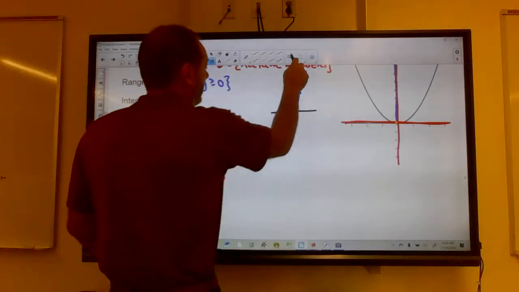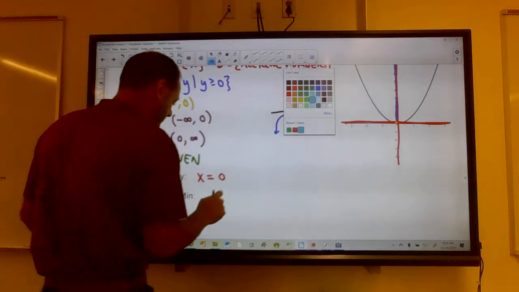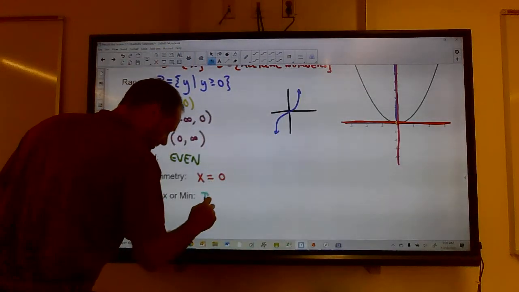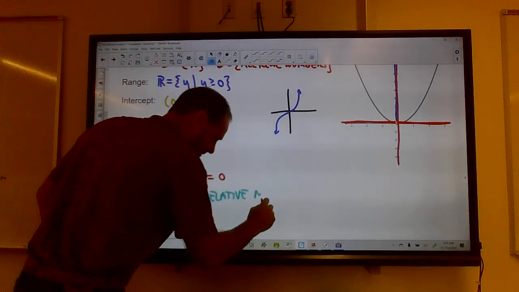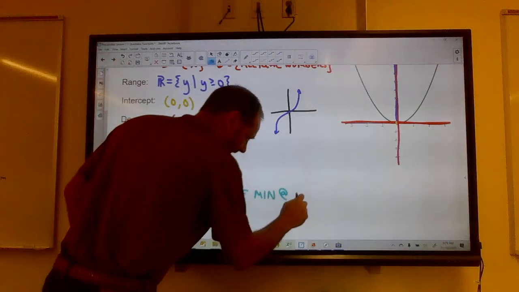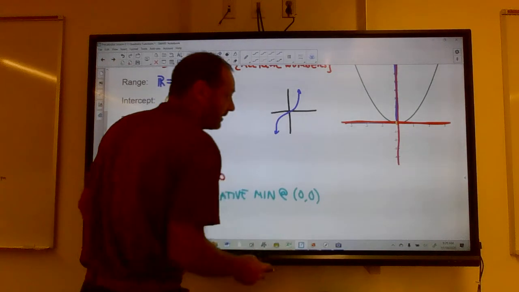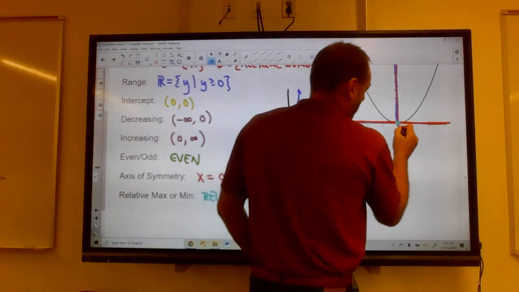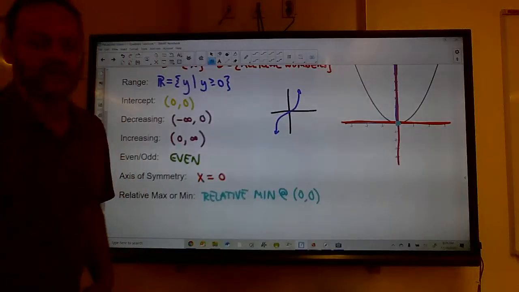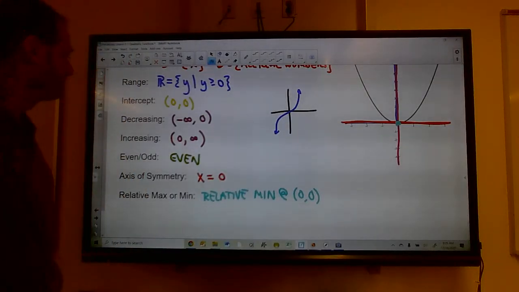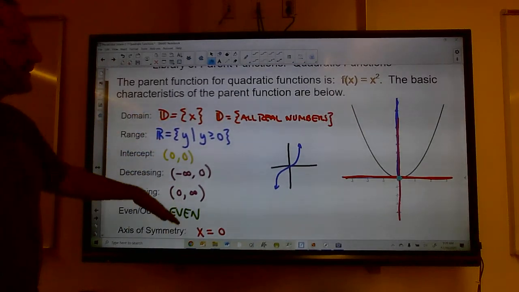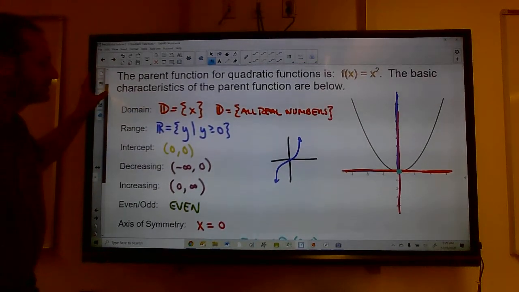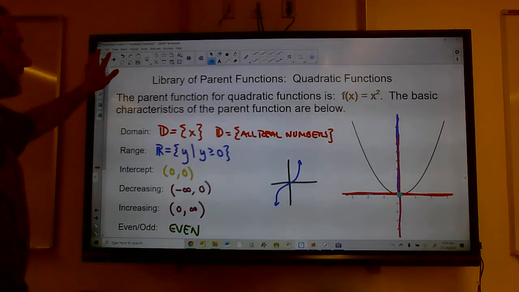This thing has a relative minimum at the point 0, 0. That's right there. That's as low as this thing gets. It doesn't go any further than that. So we'll have several functions that we'll look at where we'll do this and create a library of parent functions.